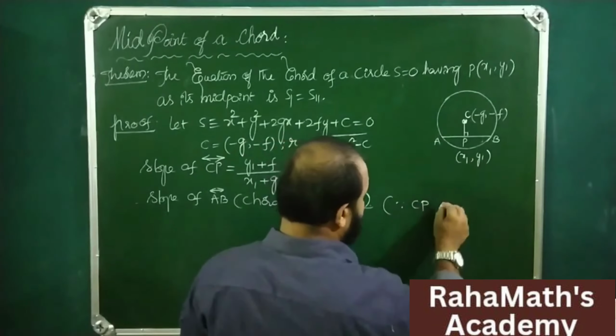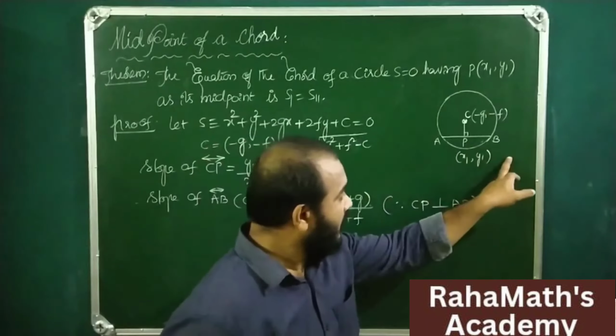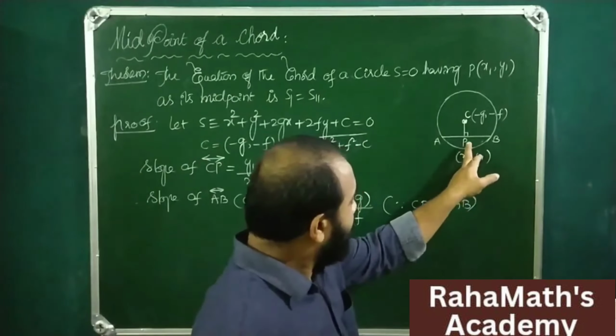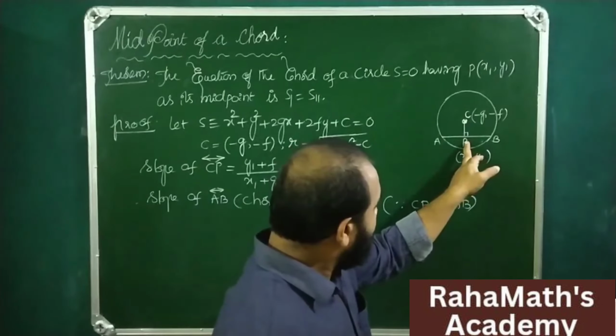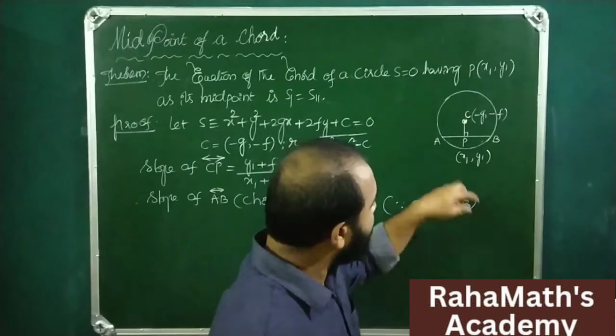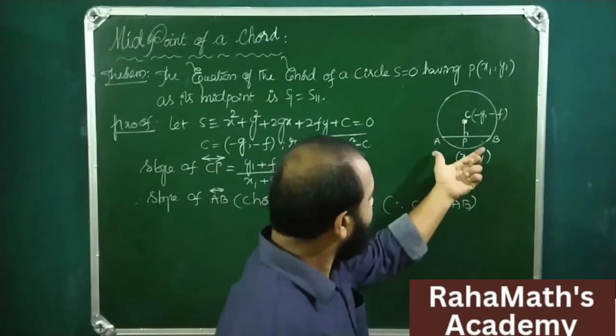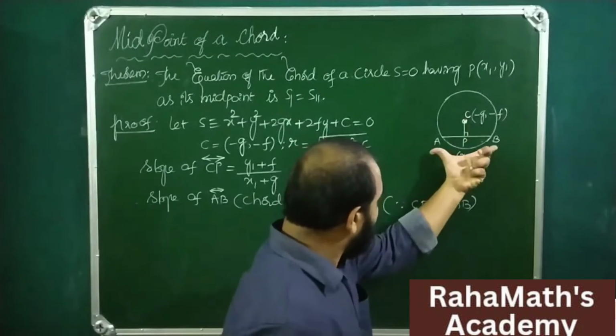CP is perpendicular to AB because this is the chord, and this is always passing through the center of the circle. That means this is the normal. Okay, then CP is perpendicular to AB.